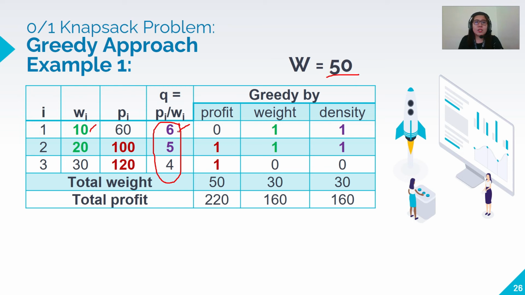Next, largest profit density, we have 5. That is, the weight is 20. Again, 10 plus 20, that is 30. That is still lesser than the capacity, include. For 4, the weight is 30, it will exceed already. Since 30 plus 30, that is 60. So, we will no longer include this one. So, our answer here, 1, 1, 0.